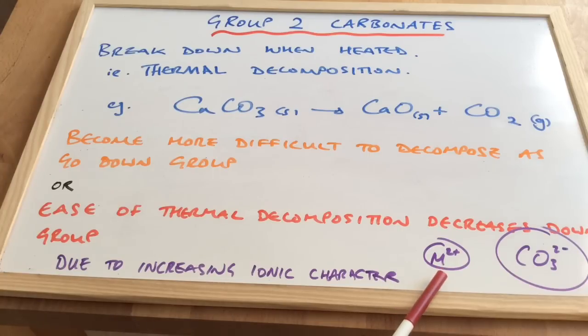As the metal ion gets larger, it becomes less able to do that, and so you get increased ionic character, true ionic character, and therefore the stronger ionic bonding between the ions in the lattice.